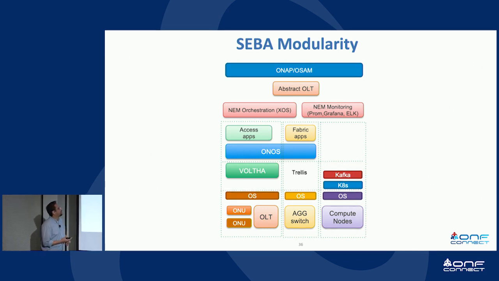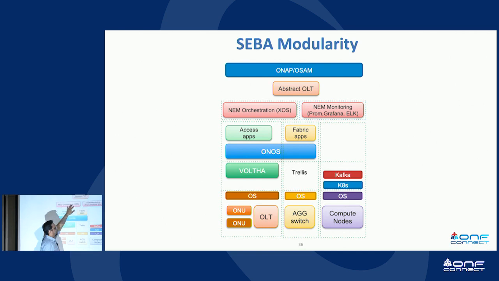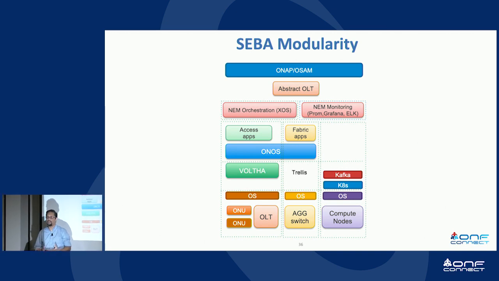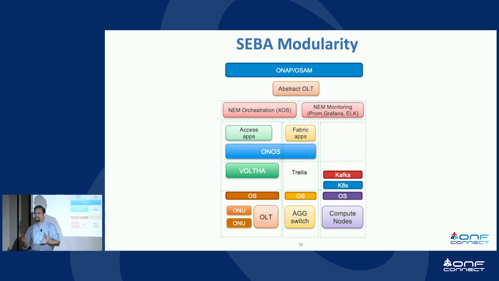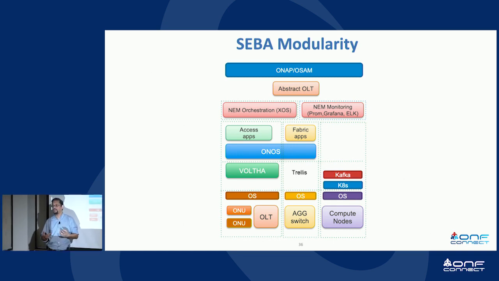Okay, another piece is what we call the NEM. The NEM piece, I've put a box around what we are using here, XOS. Again, if you want to replace it with your own orchestrator, that's completely fine, as long as you ensure that that orchestrator can reach all these other pieces of hardware and software that we use inside the SEBA pod, and implement the workflow, for example, that we use for a certain operator, right?